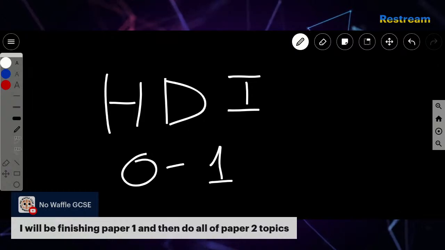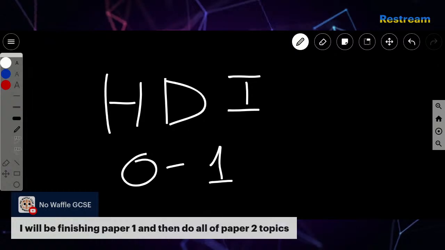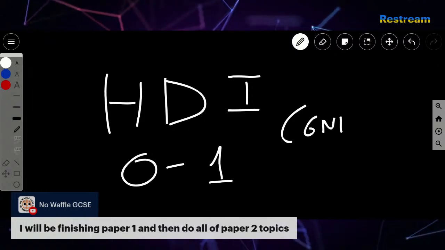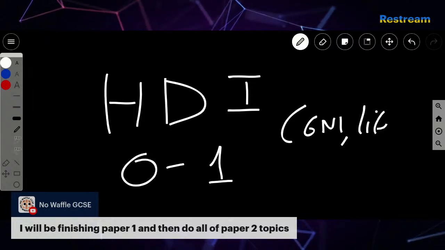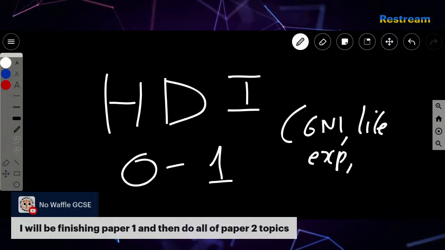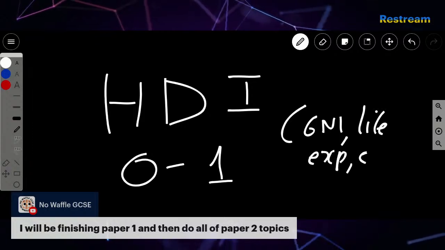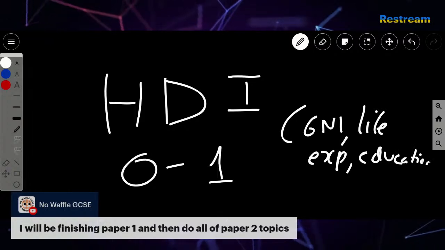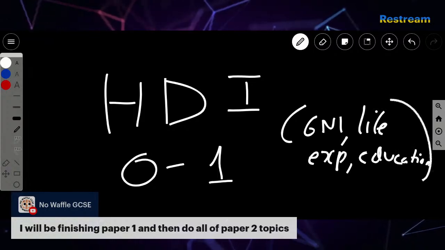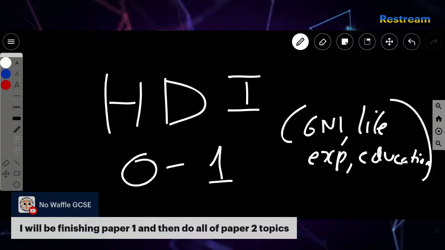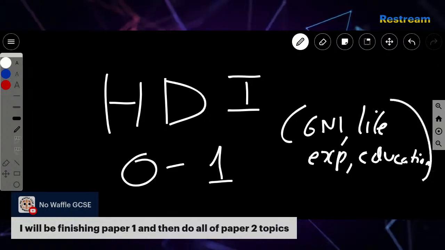Now, HDI is calculated using the following: it uses GNI, life expectancy, and the education level. All of these three factors combine to provide you a value.